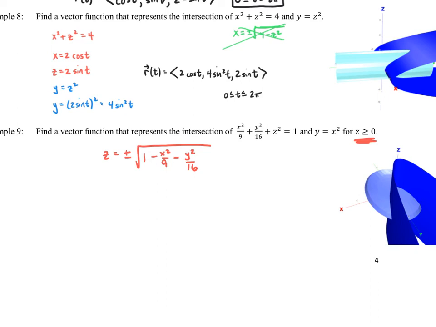If it wasn't for that, our strategy would probably need to change. In fact, we may even have to use some sort of spherical coordinates for this. But since we're able to eliminate the negative here, which I'm going to erase right now, and just look at the positive values of z, it changes our approach a little bit.